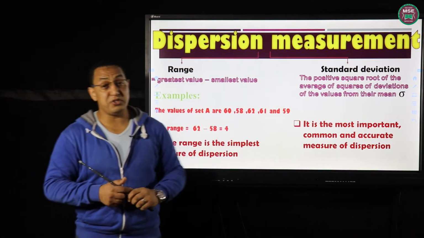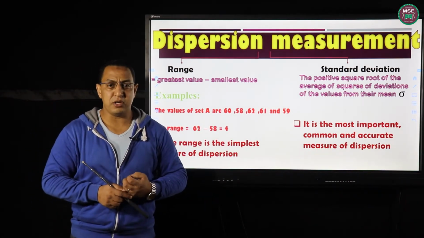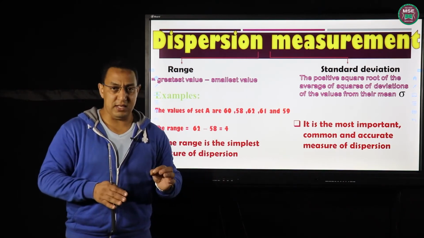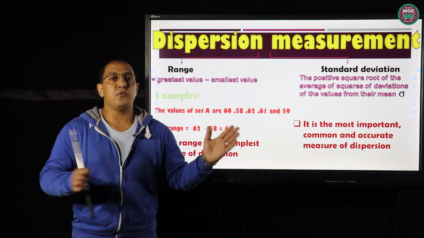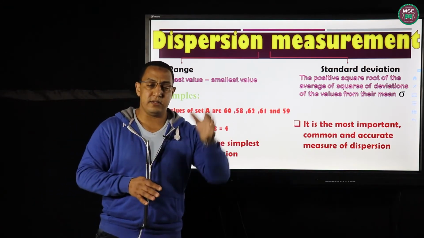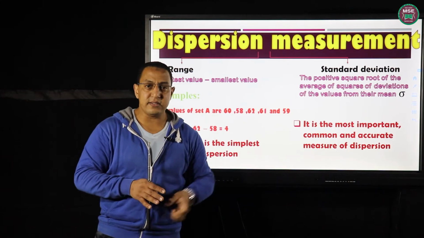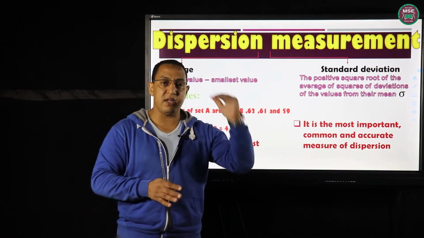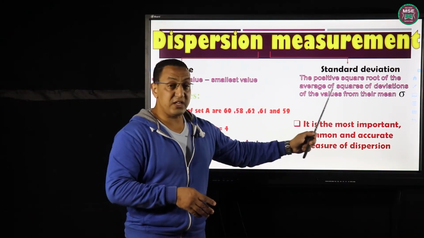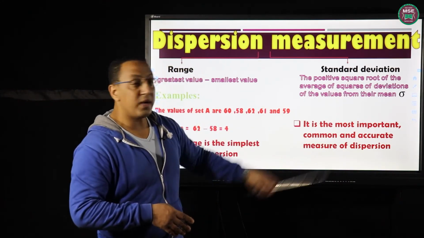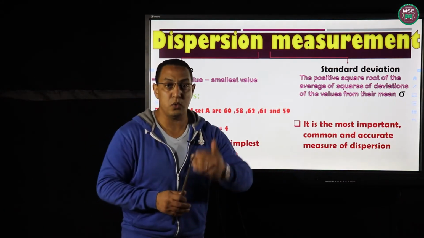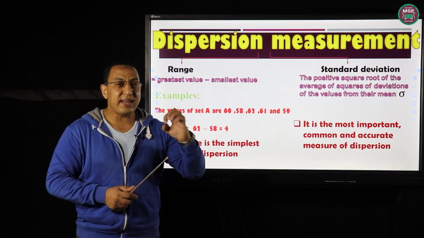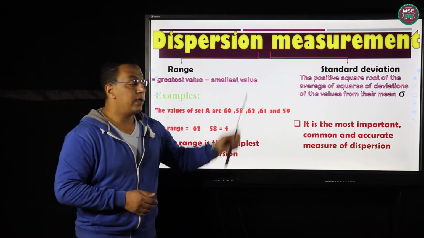But for the standard deviation, I collect all the marks and find the mean, then find the difference between the marks and the mean, find the sum, and put the sum inside a square root. So the definition says that this is a positive square root of the average of deviations, and so on. The standard deviation gives me a very accurate measurement for the dispersion.